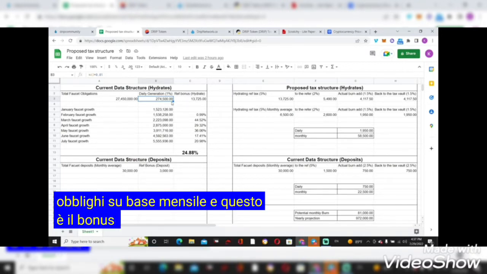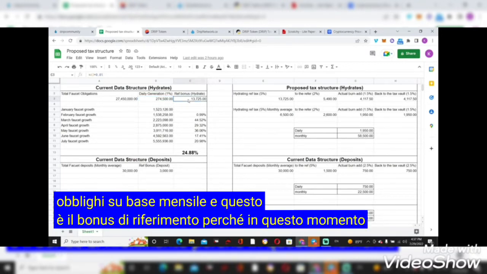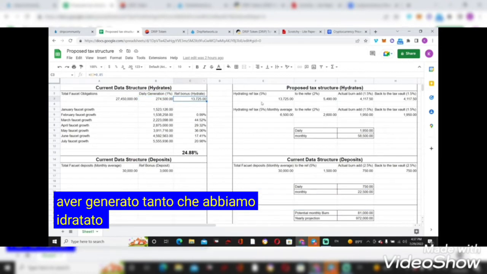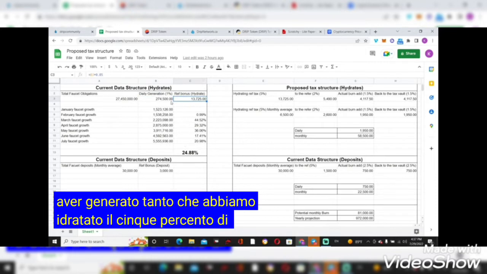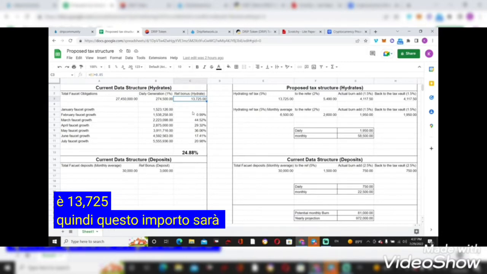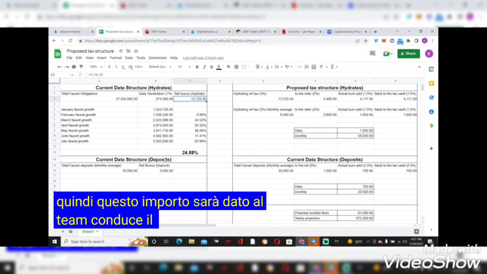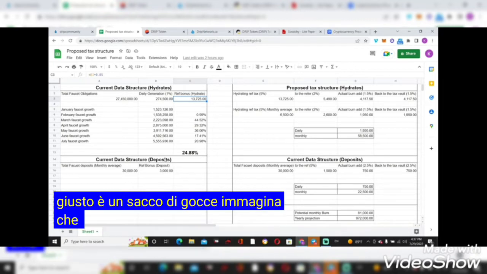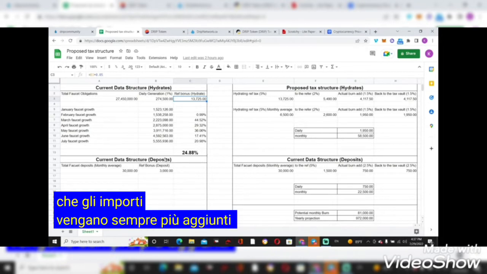And that is the referral bonus, because right now on hydrates, whenever you hydrate, let's assume we generated that much, we hydrated, 5% of that amount is 13,725. So this amount will be given to the team leads, right? 5%. That's a lot of drip. Imagine that amount increasingly being added up to the team builders.